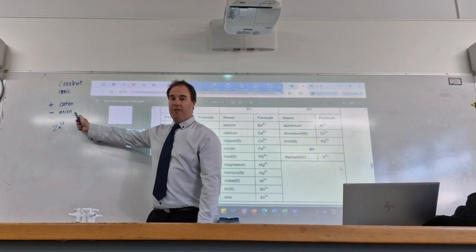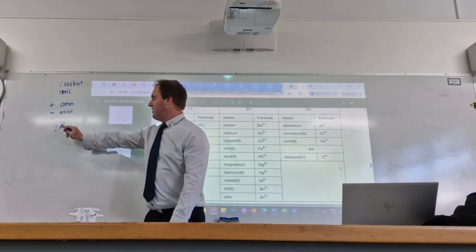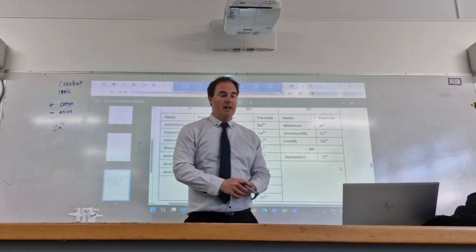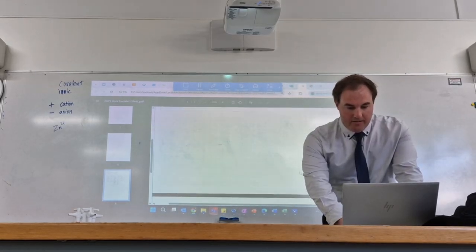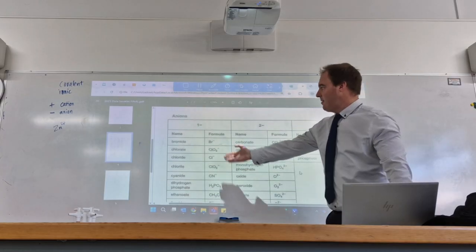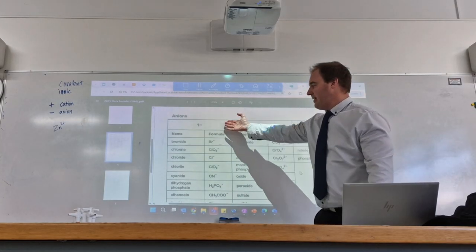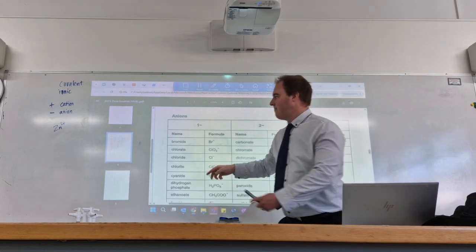The other thing in that compound was the anion. So it was zinc chloride. So zinc has a charge of 2+. Now let's look up chloride. Over here. So now we've got our table of anions, and we're going to try and find chloride here, and here it is, Cl-.